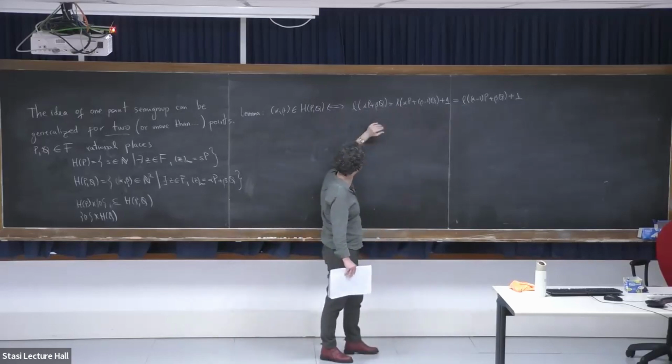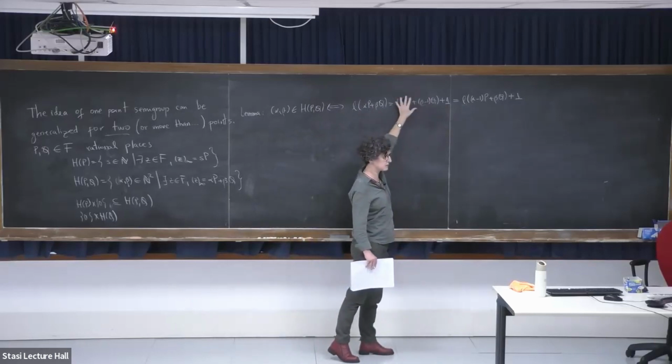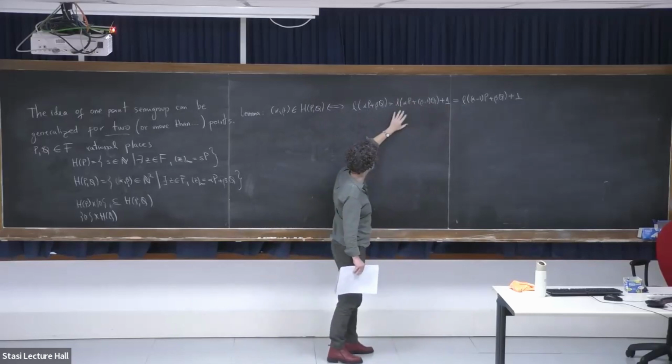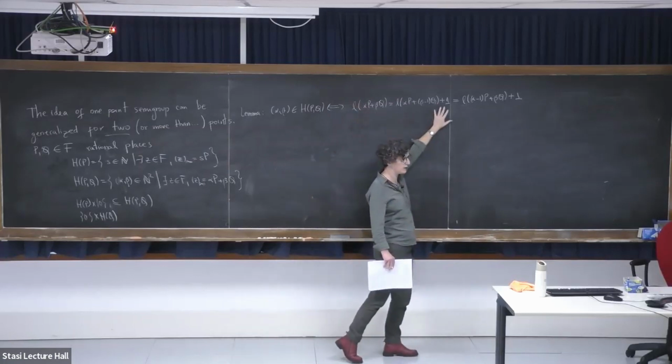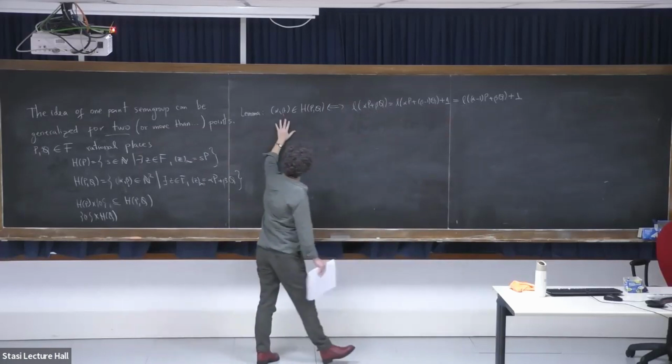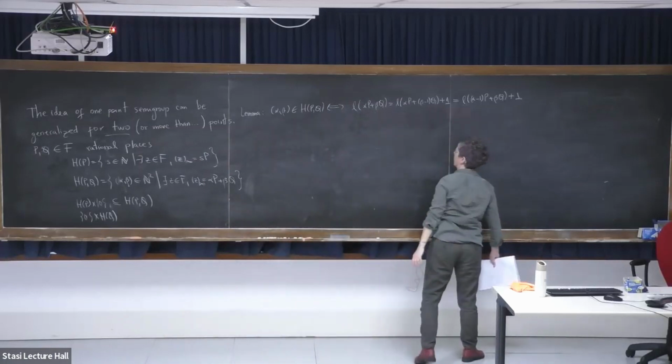So what you are saying is that this Riemann space is contained here, but it's not equal. It's a little bit smaller. The dimension is smaller by 1. Okay, so to be in the Weierstrass semigroup at 2 points means that these two equalities happen.